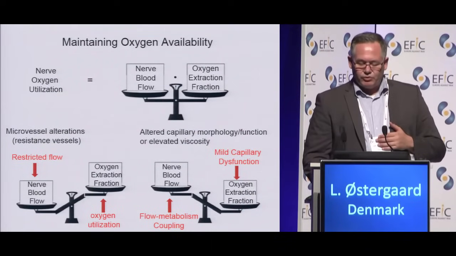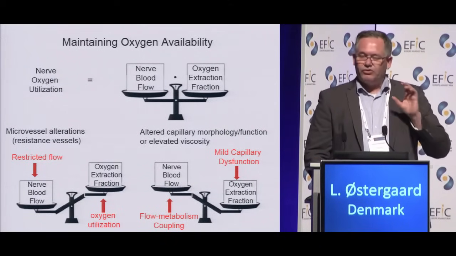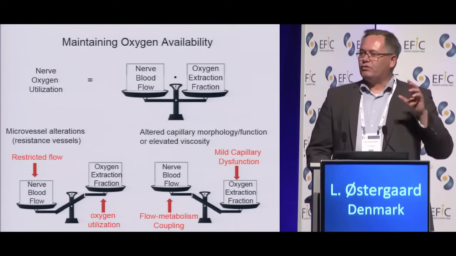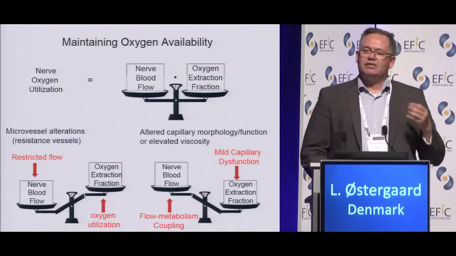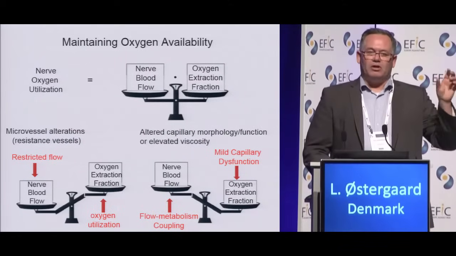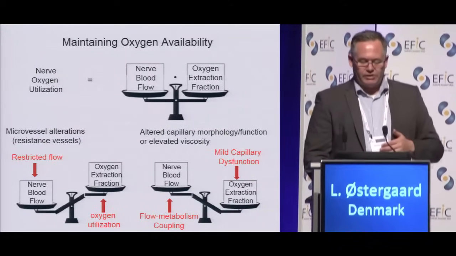Then of course, with poorer extraction, tissue can increase blood flow to compensate. So notice how the finding of increased blood flow in early diabetic patients is consistent with capillary dysfunction, but not with one that restricts flow in the upstream resistance vessels.